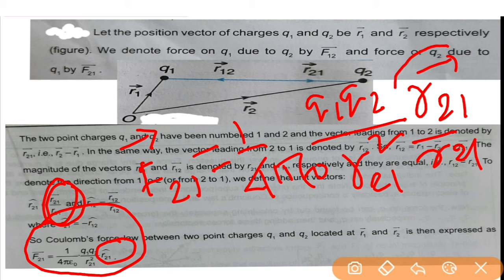In terms of the R21 vector the power of R21 is cube, and in terms of the unit vector the power of R is 2.